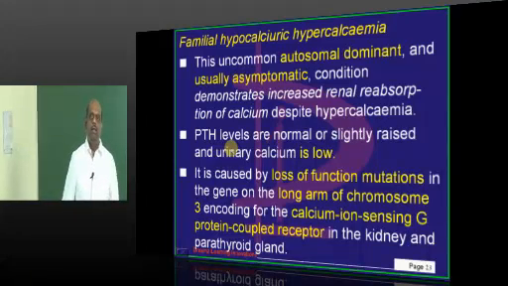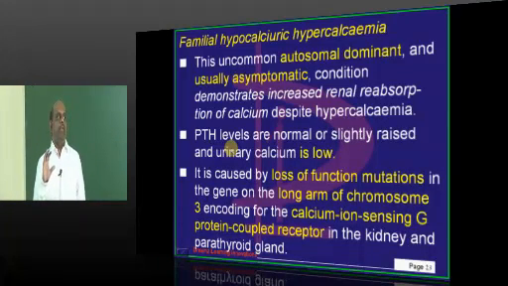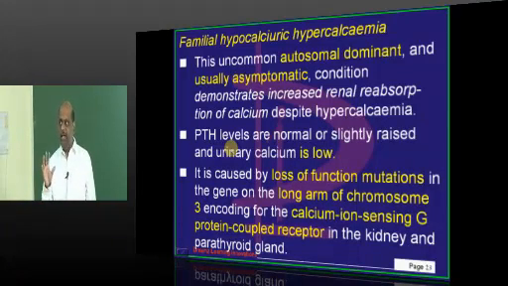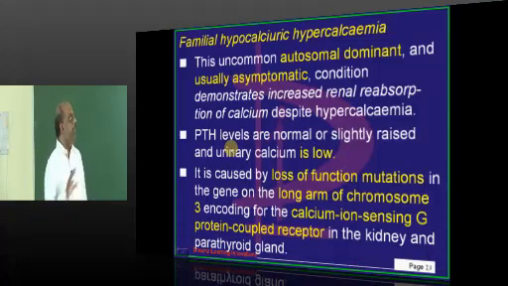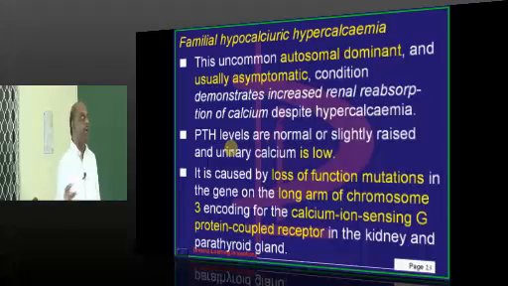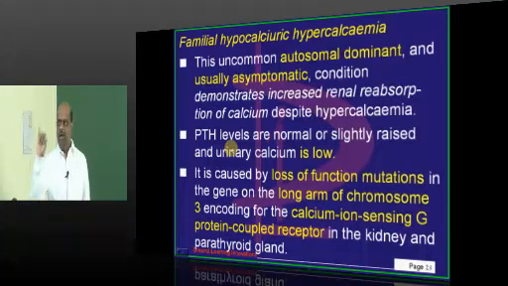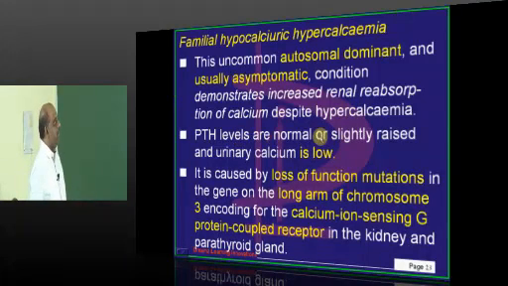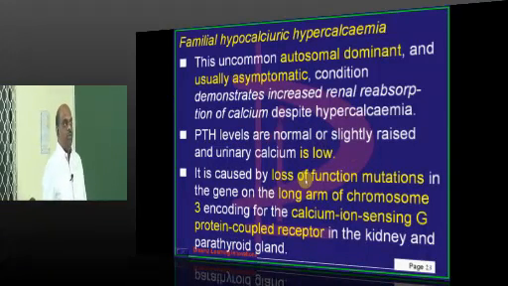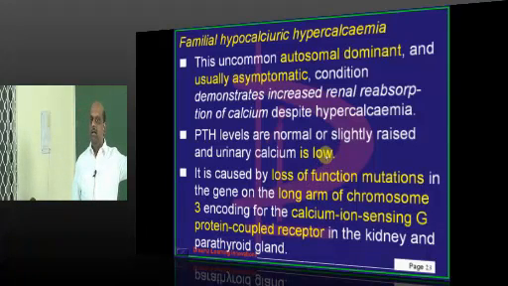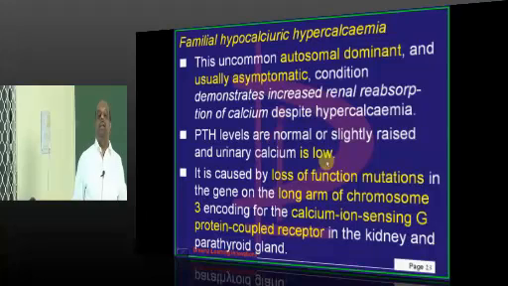Now doctor, before we say goodbye to the topic of hypercalcemia and hyperparathyroidism, you have to be very clear about this concept called familial hypocalciuric hypercalcemia. Number one, what is the inheritance pattern of it? Autosomal dominant. It is usually asymptomatic, and though the patient has hypercalcemia, still there is an increased reabsorption of the calcium in their renal tubules.